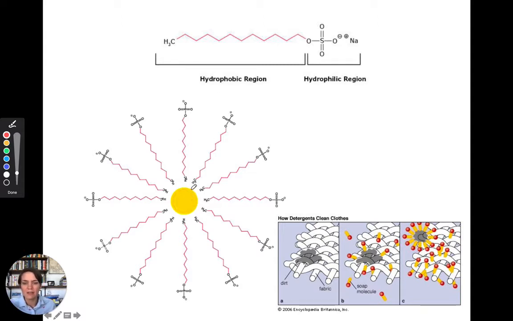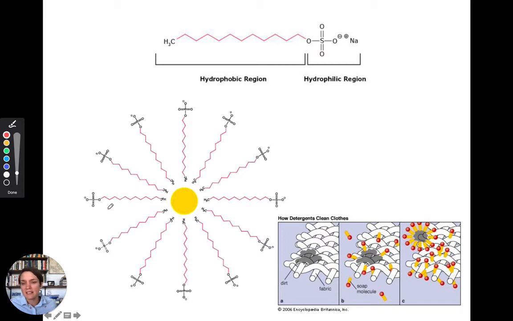So here we have a little fat droplet, and you can imagine that that is like a stain on your clothes. And what we have is this soap molecule, and there's tons of them in solution, right, when you add detergent to your laundry. And all of these hydrophobic regions, the regions that are not polar, are associating with that non-polar oil that's on your clothes.